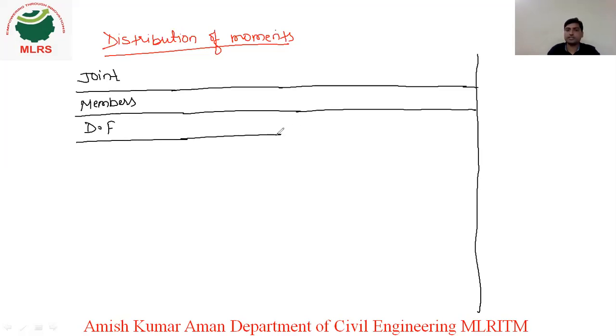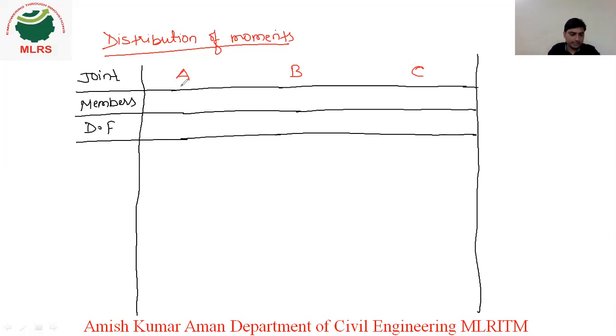Now, what are the joints? A, B, and C. For A, the member is only AB. For B, there are two members, that is BA and BC. For C, two members, that is CB and CD.